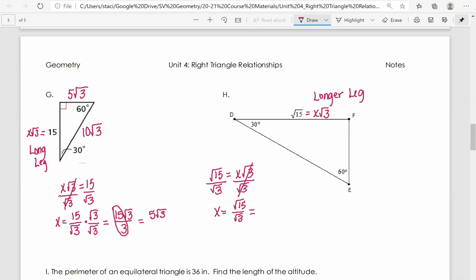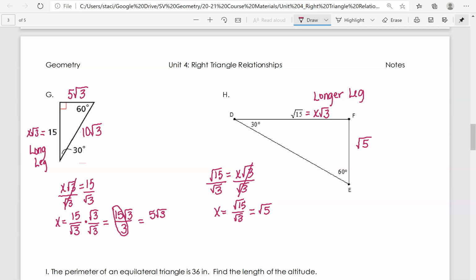And you should remember in class that if both numbers are radicals, then we can just divide the numbers if they divide evenly. And so 3 goes into 15 5 times, so this really simplifies to just square root of 5. So my shorter side is square root of 5, which means I have to double that to get the hypotenuse.